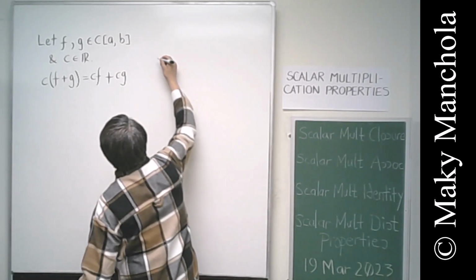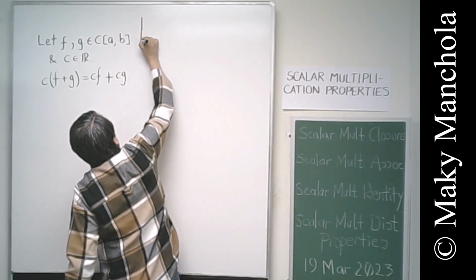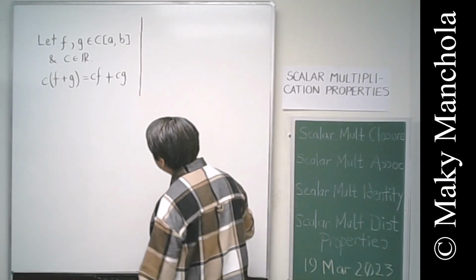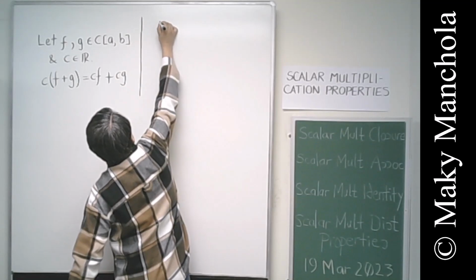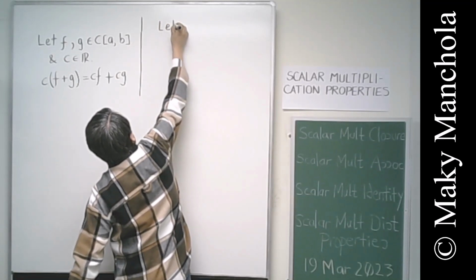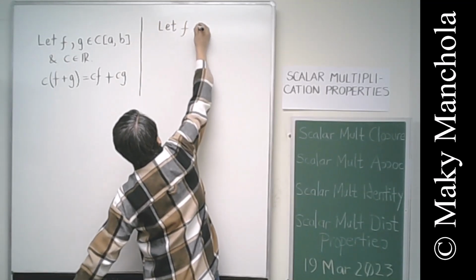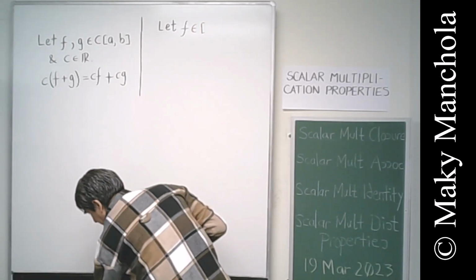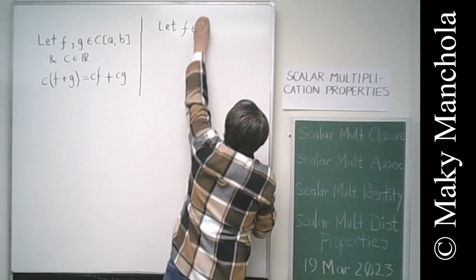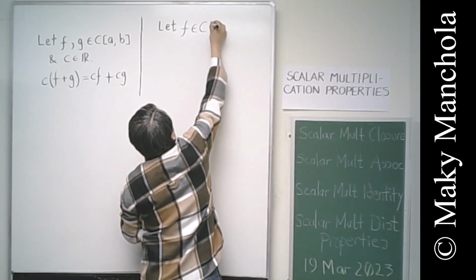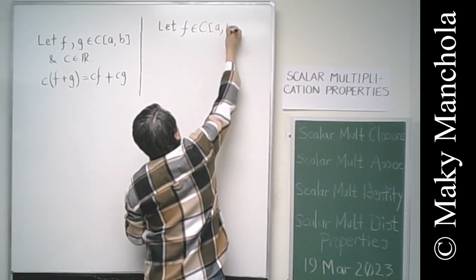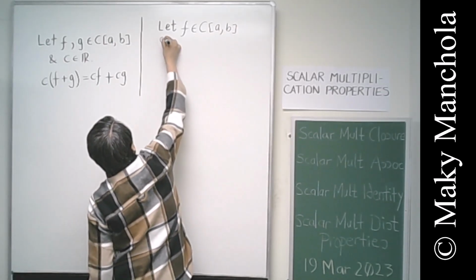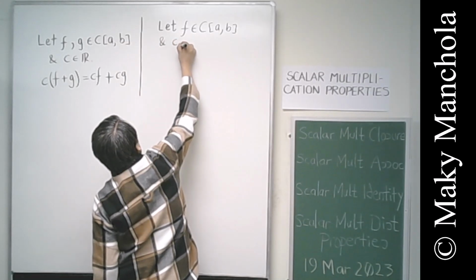Our other distributive property says the following. Let f be a continuous function on the closed interval from a to b, and let c1, c2 be real constants.